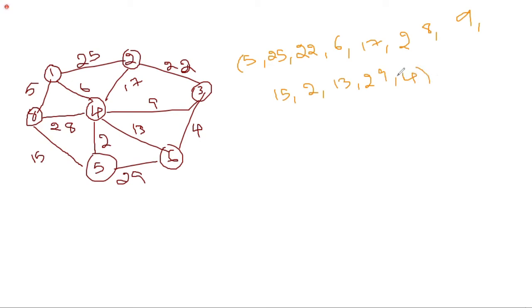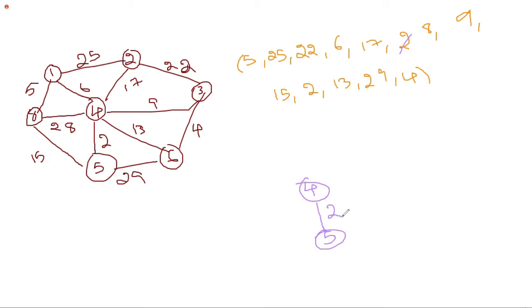Which one is the minimum one? 2 is the minimum. Where are you getting that 4 to 5? So I'm directly drawing an edge from 4 to 5, whose cost is 2. Got it?